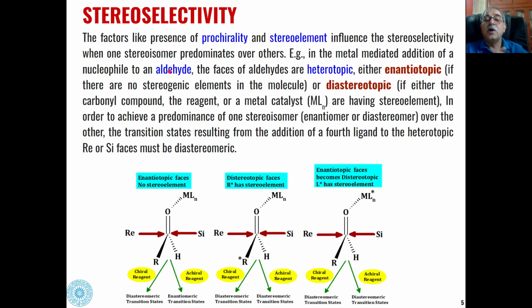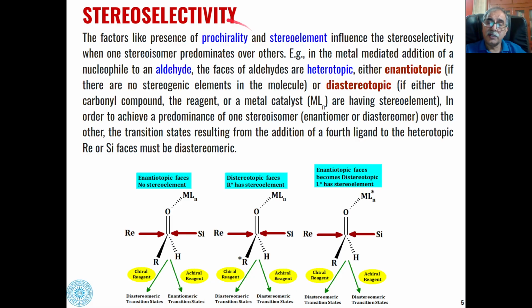Then, how is stereoselectivity achieved in different types of organic functional groups? The two factors which are very important are the presence of prochirality and the stereo element that will influence the stereoselectivity when we undertake asymmetric synthesis.